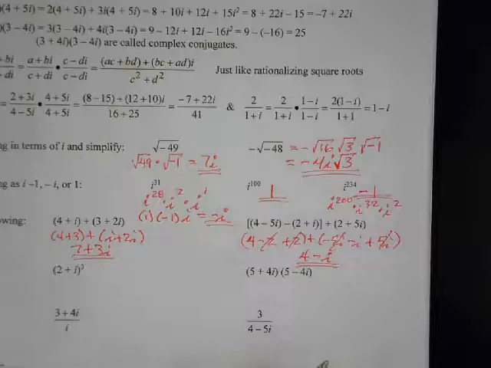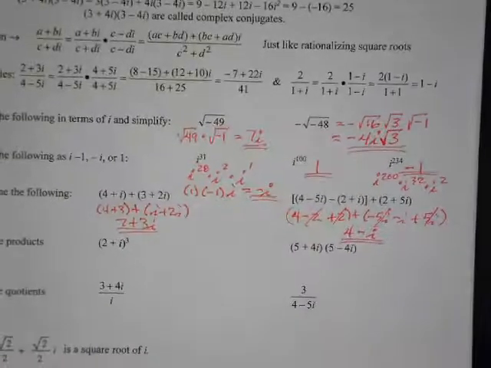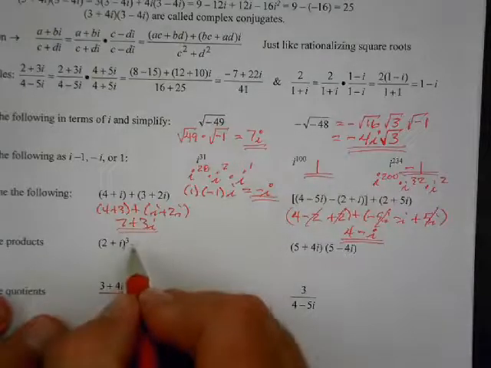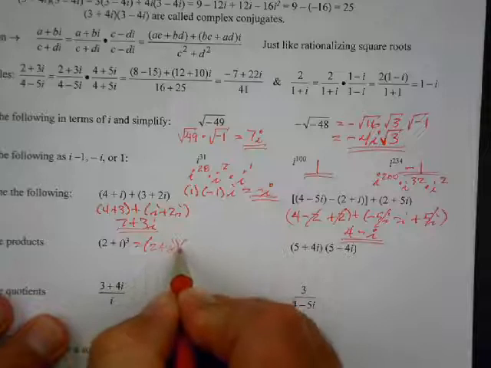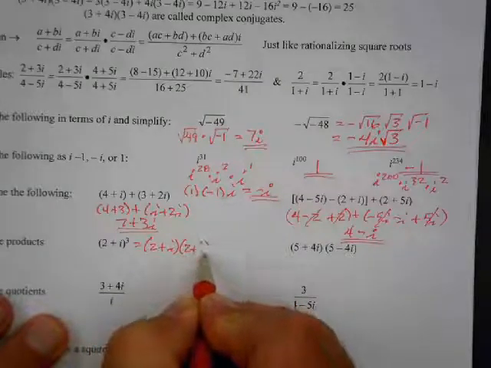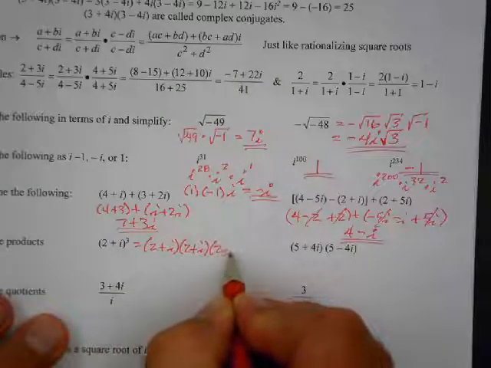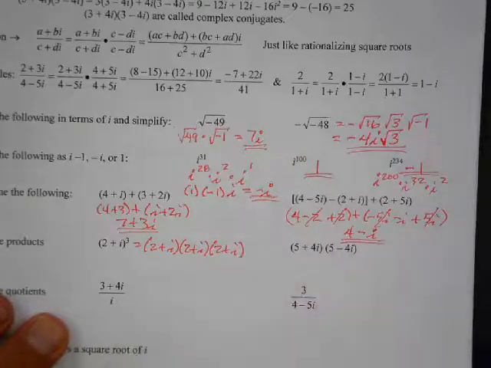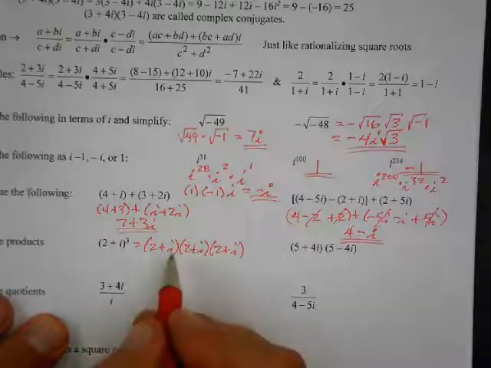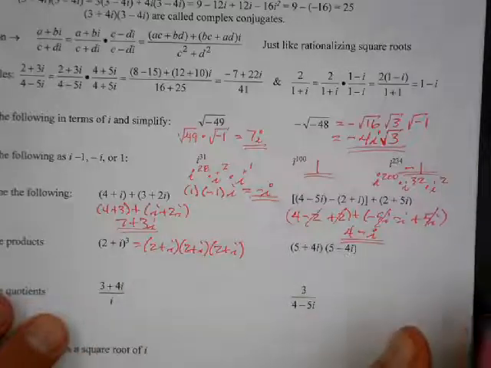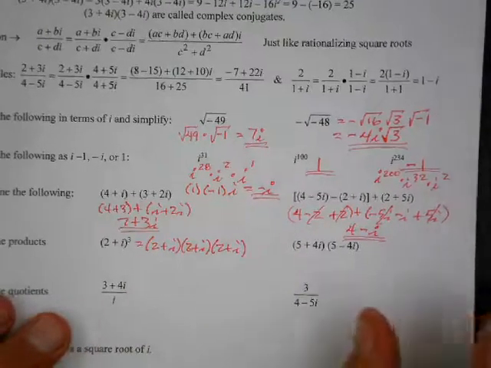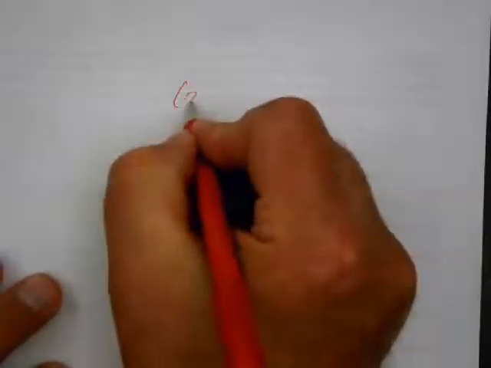All right, so here we have 2 plus i cubed, which means we're doing 2 plus i times 2 plus i times 2 plus i. Now, if I put these two together, in fact, let's go ahead and flip the page and do it there so we have a little bit more room. 2 plus i times 2 plus i.